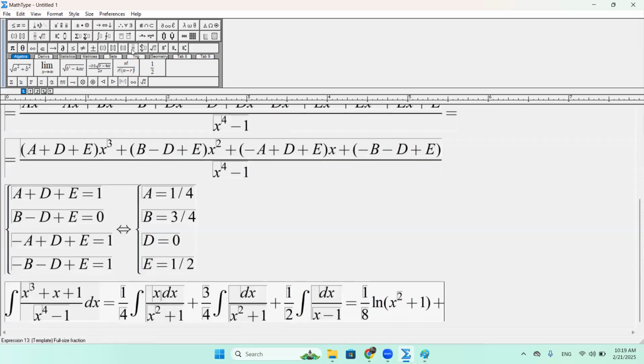So plus 3/4 arctangent x, and plus 1/2 logarithm of module x minus 1. Here we need to use module because we don't know the sign of this expression. And plus c. Any questions about this exercise?